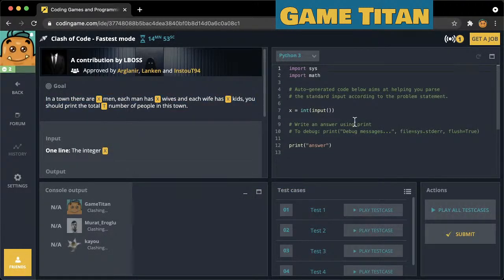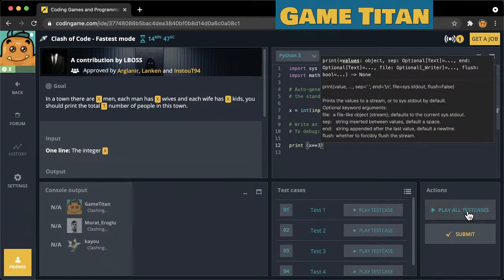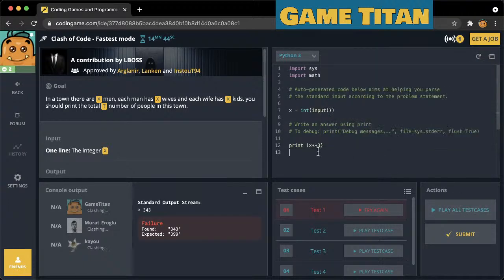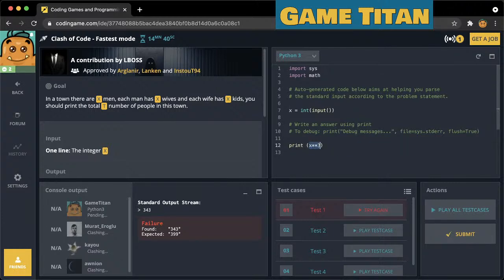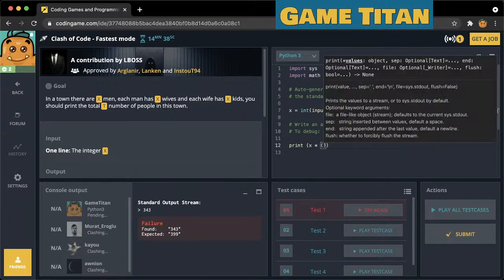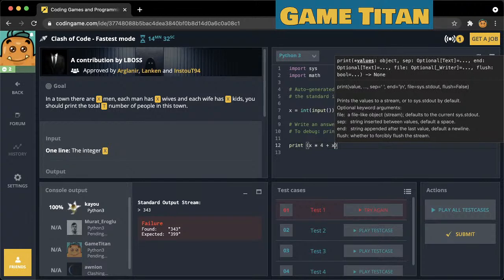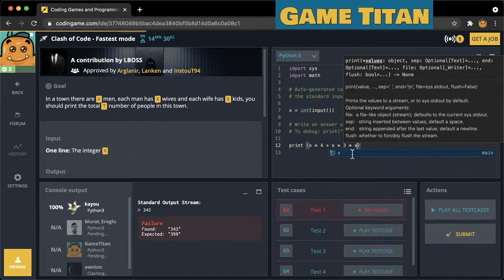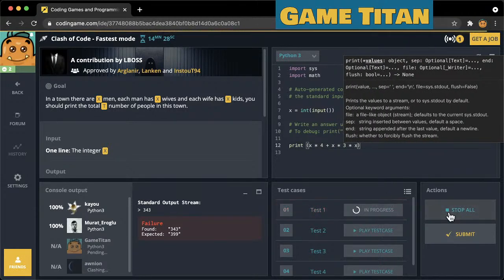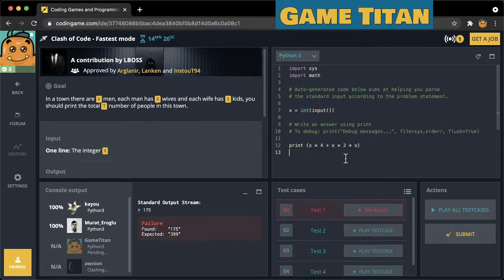X men, each man has X wives, each wife has X kids. You should print a total number of people. Is that it? Nope. X wives. Let's see. X times 4 is the number of wives plus X times 3 times X. No, that's not right either.